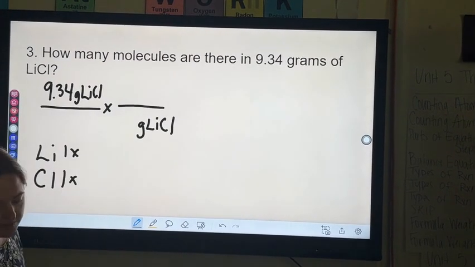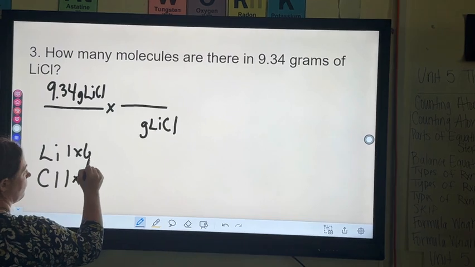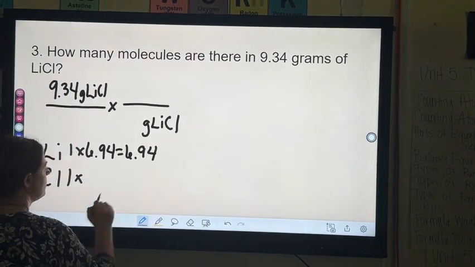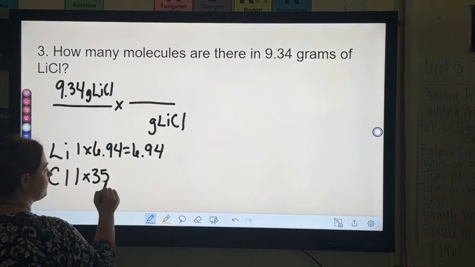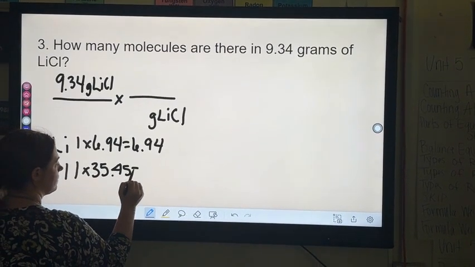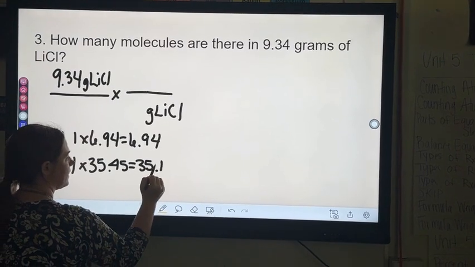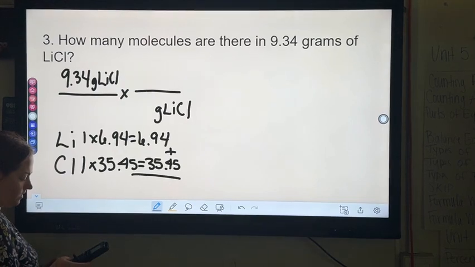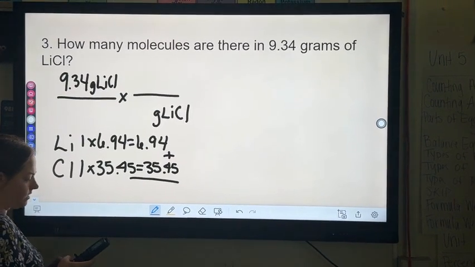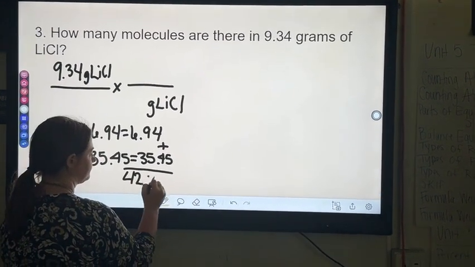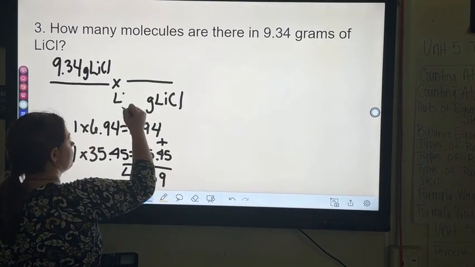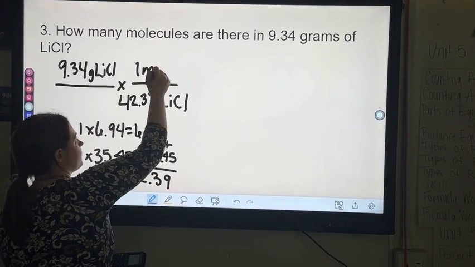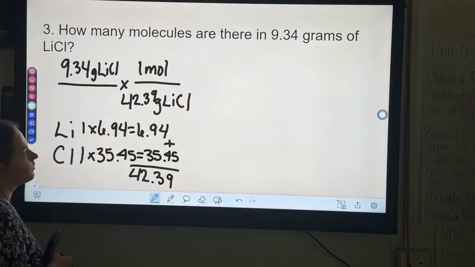The mass of lithium on the periodic table is 6.94. The mass of chlorine is 35.45. We add them together, so 42.39, and we can plug that in. We know that's equal to 1 mole because the formula weight or molar mass is always equal to 1 mole.